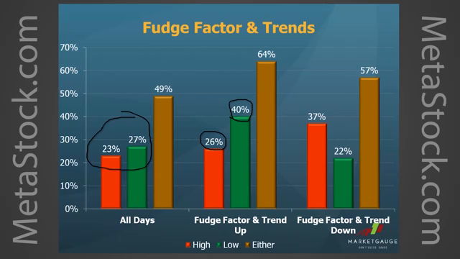So with a bullish trend and fudge factor, I increase the strength of my low from 27% to 40%.